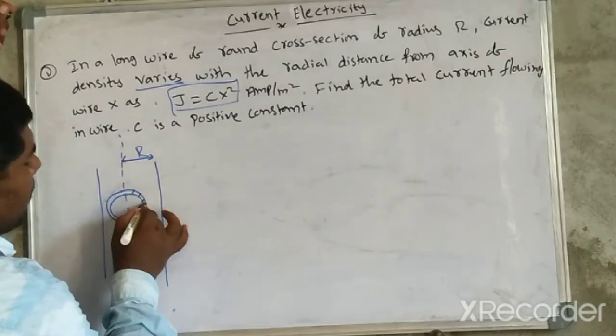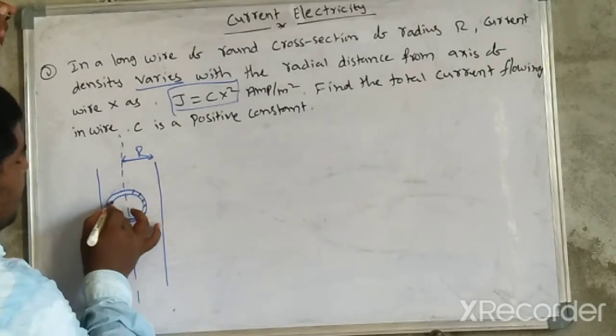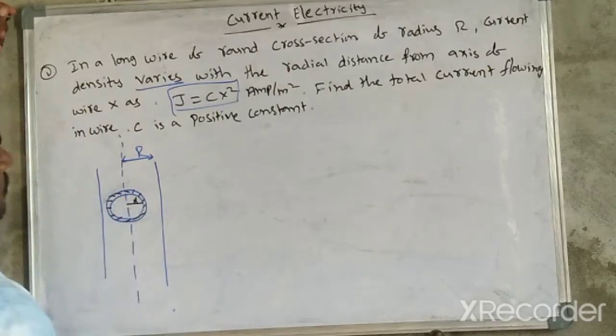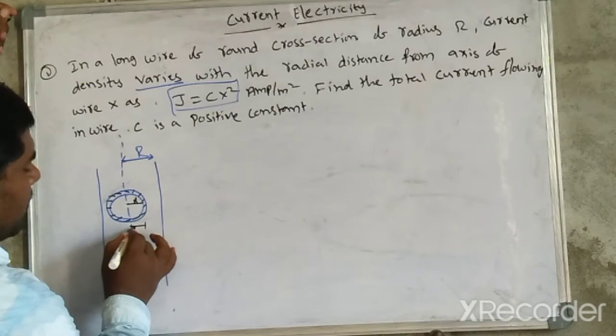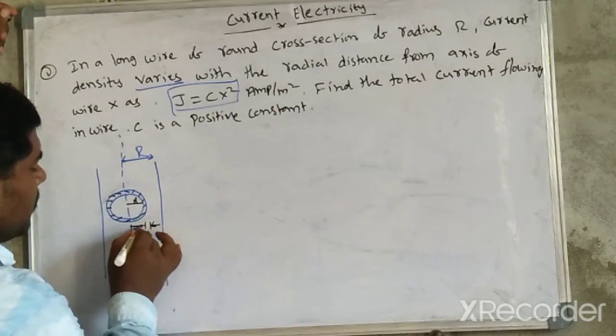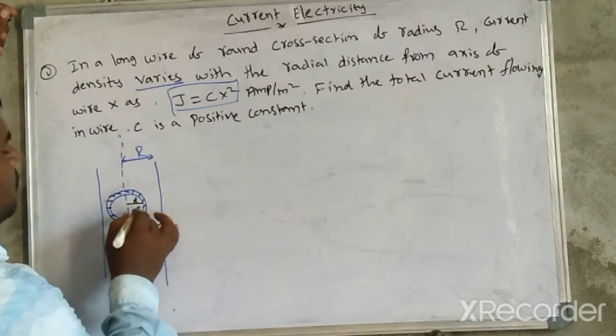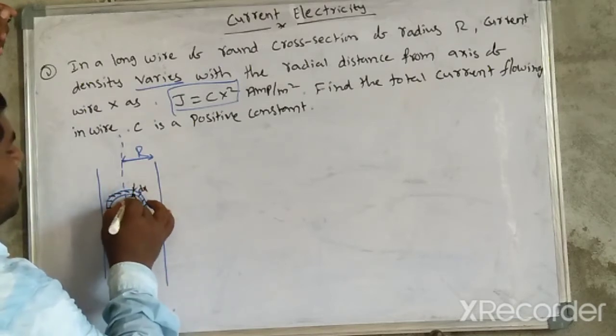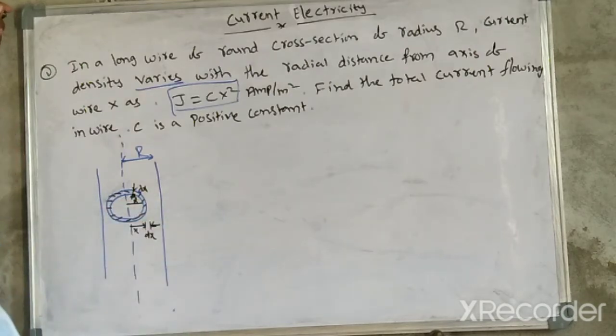This width you may consider dx, and this radius x.